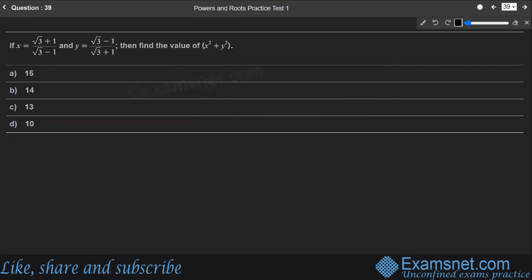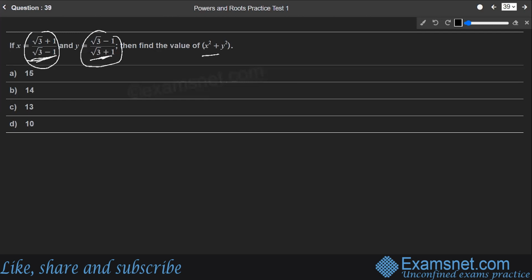Now, in question 39, he says x equals as given this, y equals as given this, then find out the value of x square plus y square. This question can be done in multiple ways. One way of doing it is to clearly do the square of x, do the square of y, and then add. This could be one way, but there can be an easier way also.